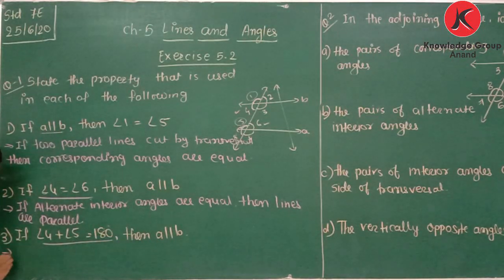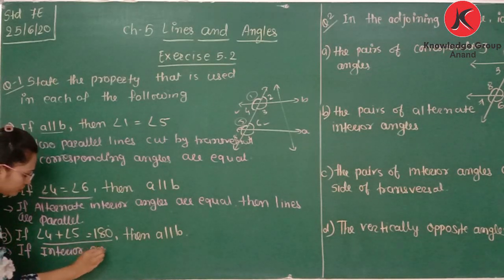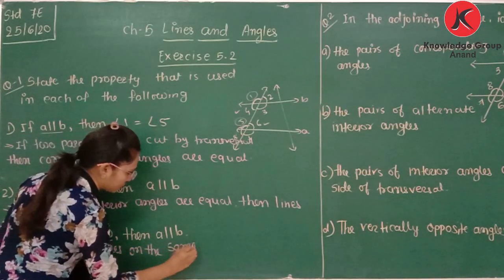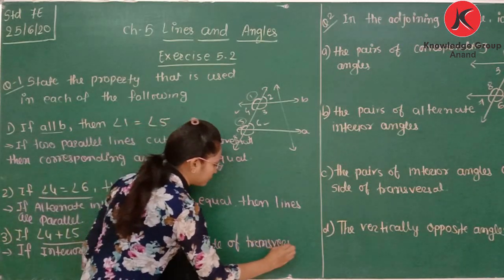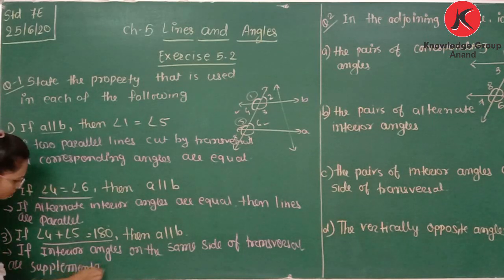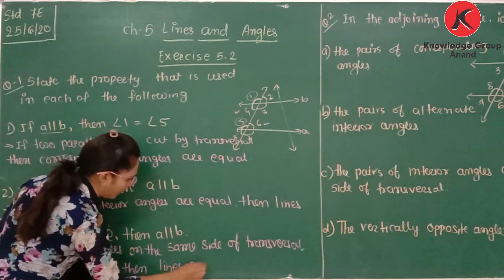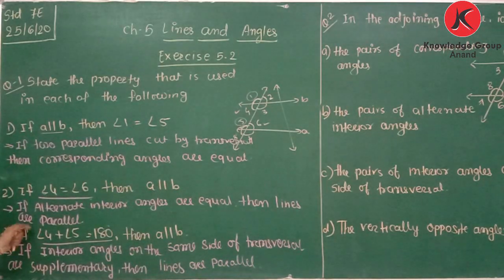So we can write: if interior angles on the same side of the transversal are supplementary, then lines are parallel. In the exam, they can give some more conditions and you need to write the property.